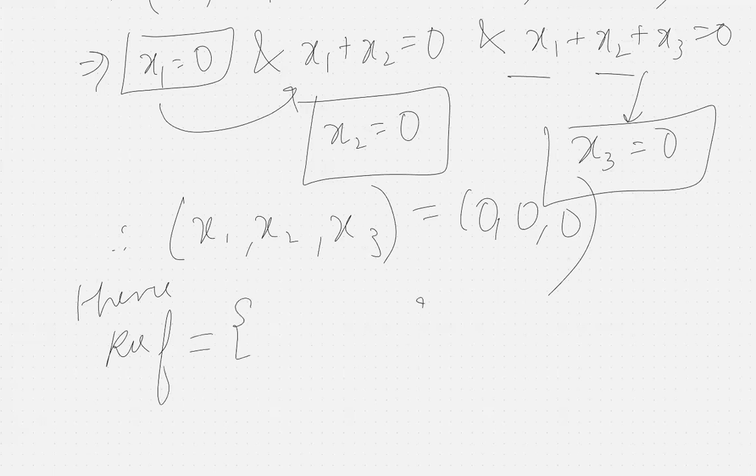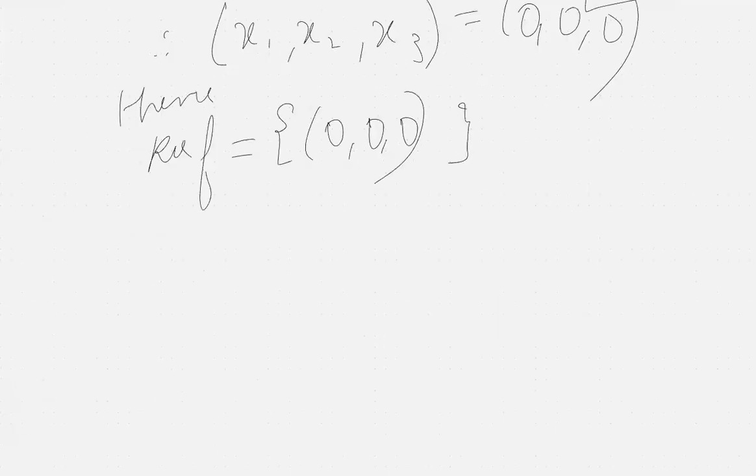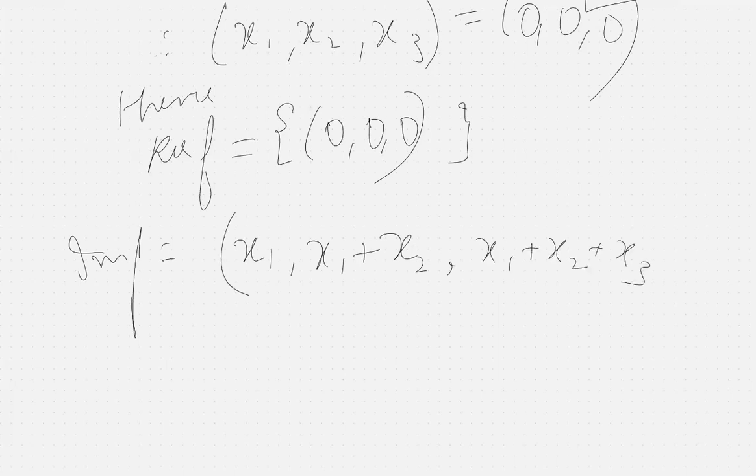That's it. Now let's talk about image f. Image f will be a little different because we can directly write it down as (x1, x1 + x2, x1 + x2 + x3) such that (x1, x2, x3) belong to our domain.